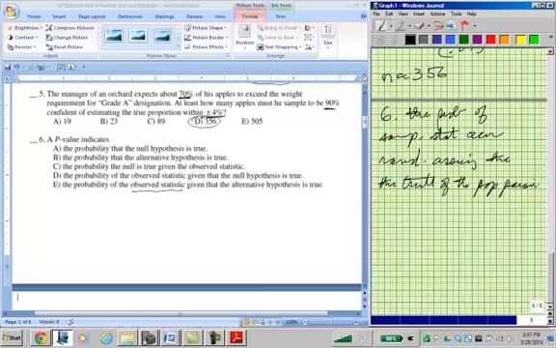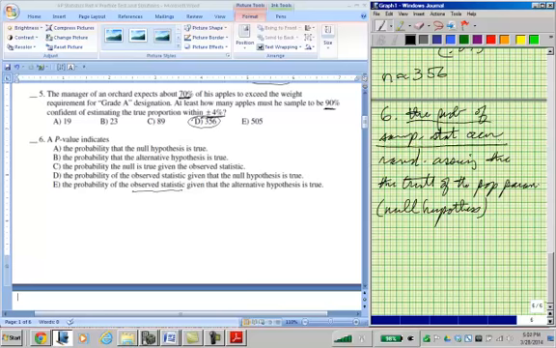Okay, the null hypothesis. So A says the p-value indicates the probability the null hypothesis is true. Remember, the p-value is about the probability of the sample statistic occurring.